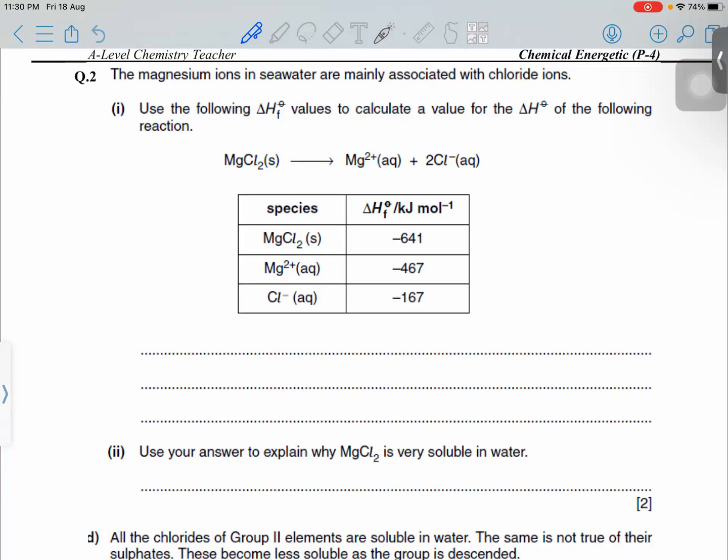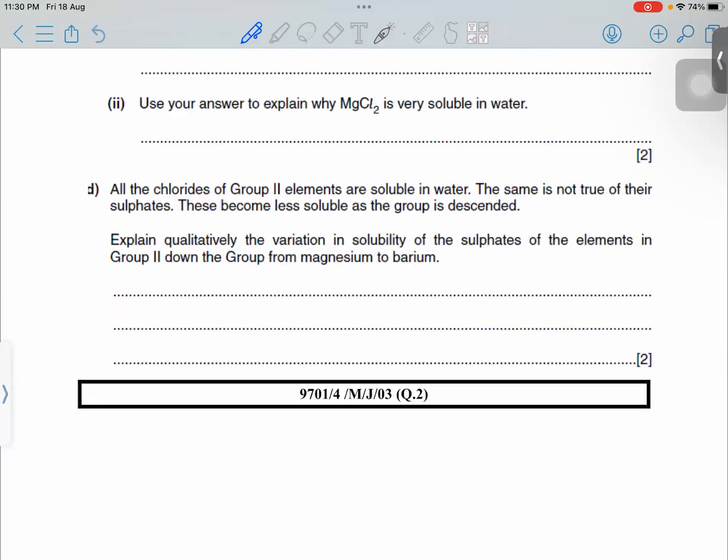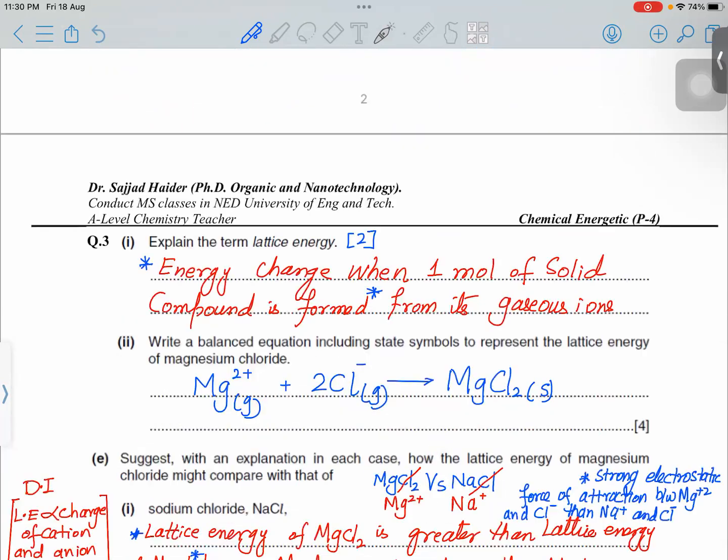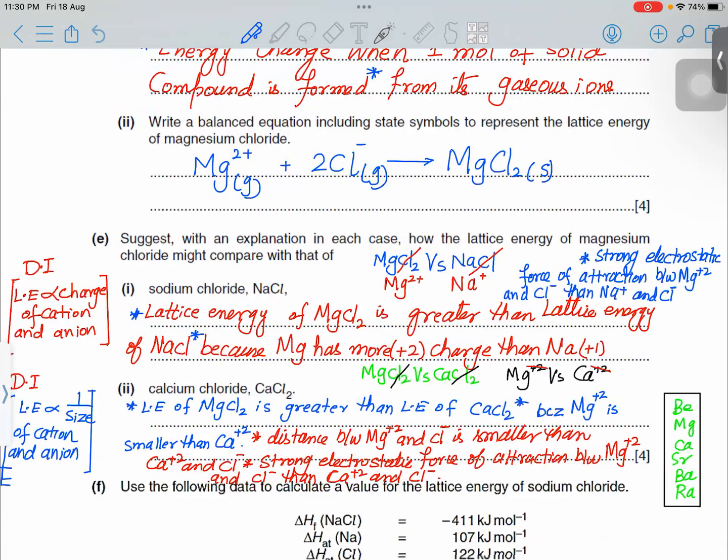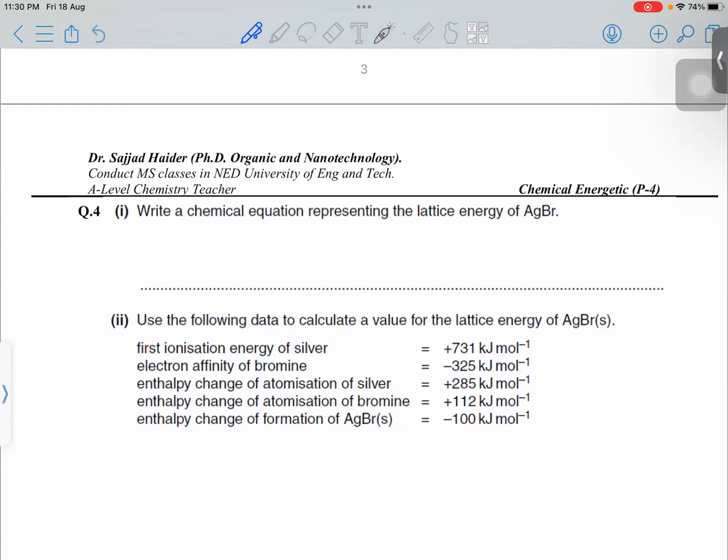This is very soluble in water. Okay. Lattice energy we have discussed. Yes, can you tell me the equation of AgBr for lattice energy? So Ag plus gaseous plus Br minus gaseous gives AgBr solid.